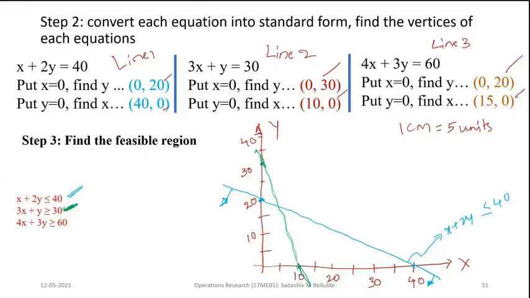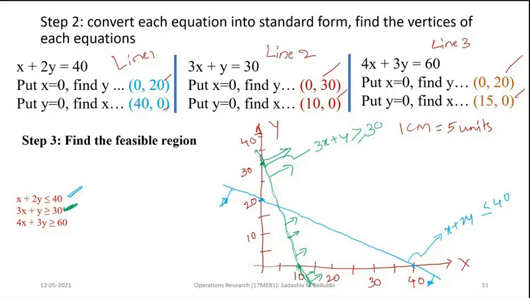Greater than or equal to means the region should be away from the origin, so it moves this side. This is the second line, 3x plus y greater than or equal to 30.